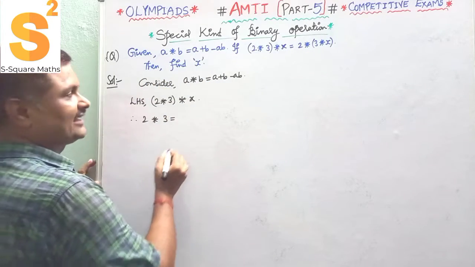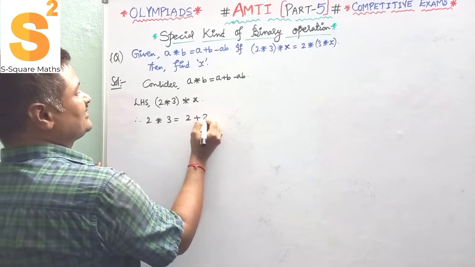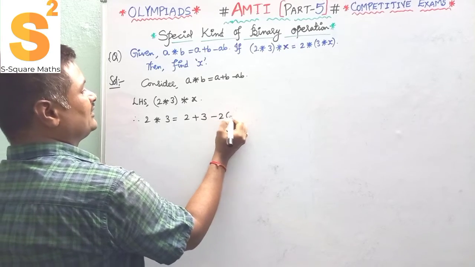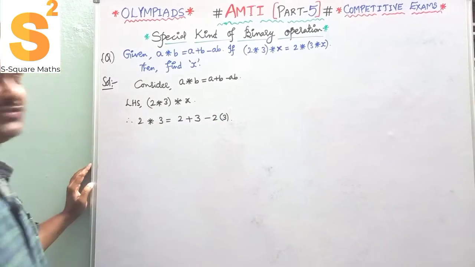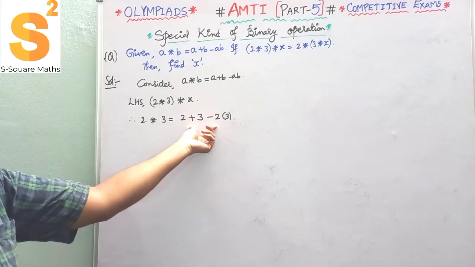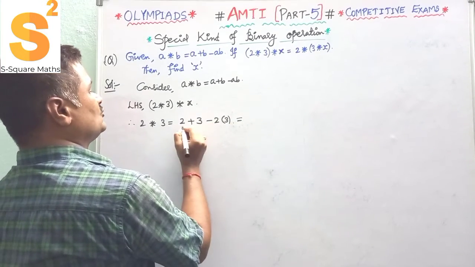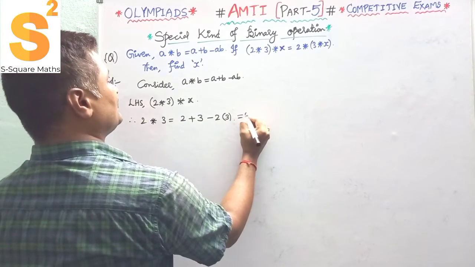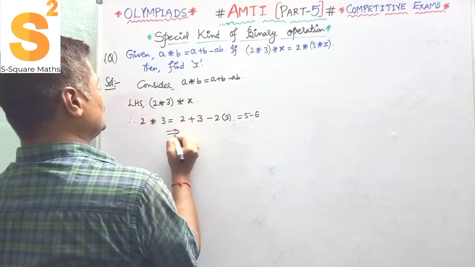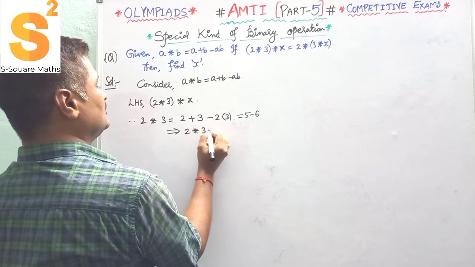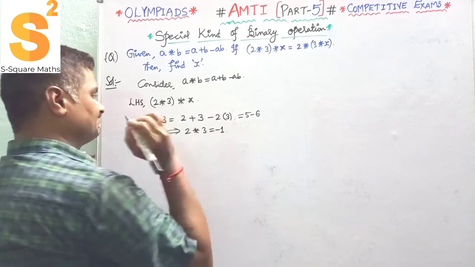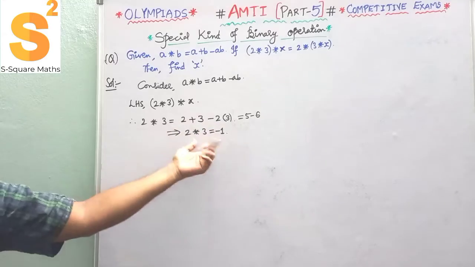I can write 2 plus 3 minus 2 into 3. Here 2 plus 3 is 5, 5 minus 6, so 2 star 3 is equal to minus 1, after doing the simplification.